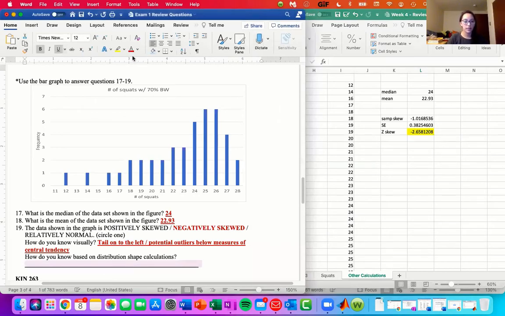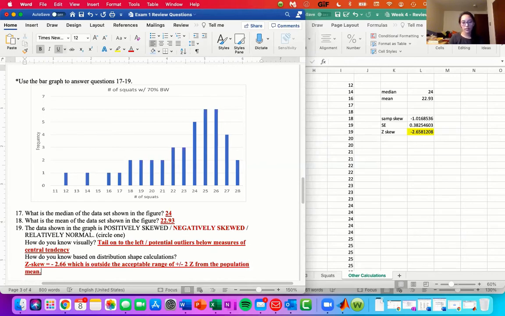We could say z-skew equals negative 2.66, which is outside the acceptable range of plus or minus 2 z's from the population mean.